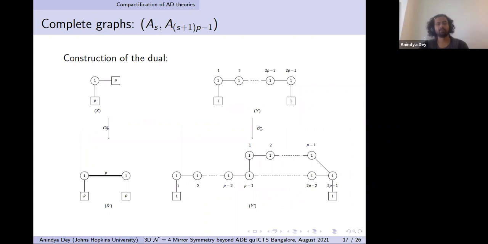Now one can look at the dual operation. On one side, you have U(1) with 2p flavors, and you do this. Now the mirror dual of this U(1) with 2p flavors is this quiver. And the dual operation, if you remember, in an identification, flavoring, gauging operation, is that a new tail should be added to the quiver, which is what's happening.